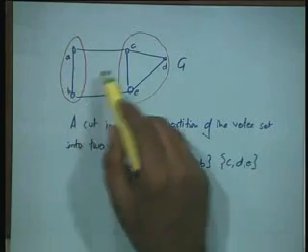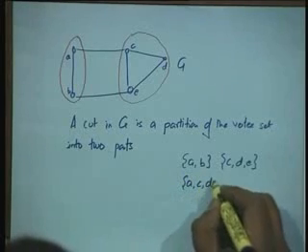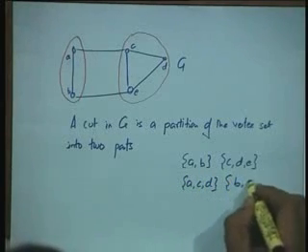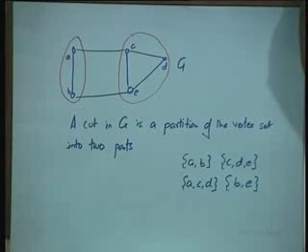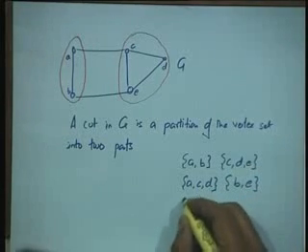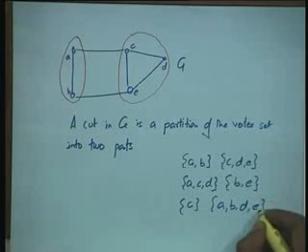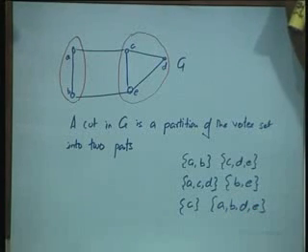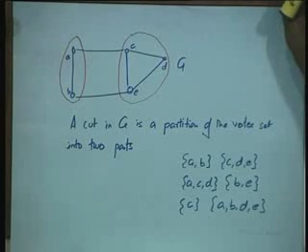I could have A, C and D on one side, and B and E on the other side. Or I could have only one vertex, let's say C, on one side and the remaining 4 on the other side.